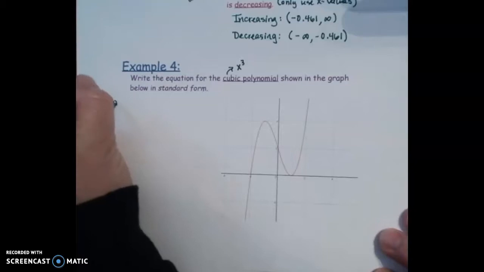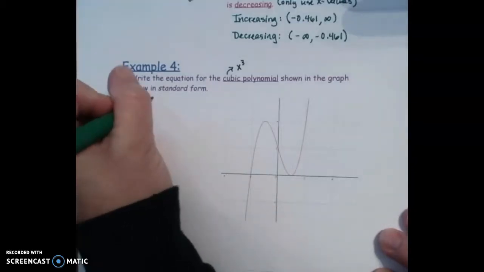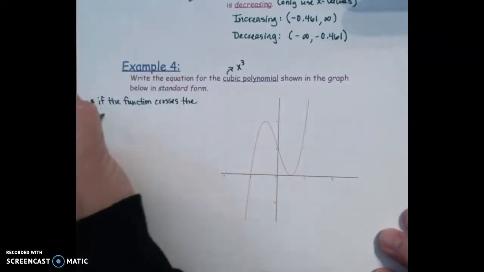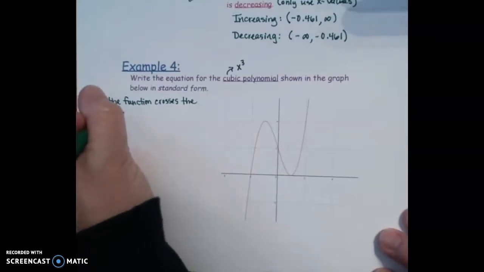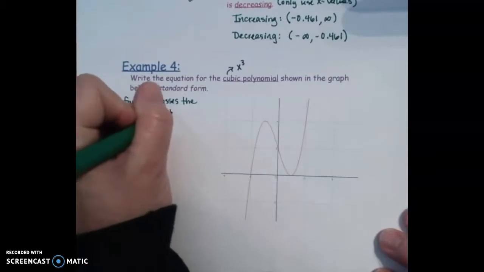A few things to note here. If the function crosses the x-axis, it has odd multiplicity.